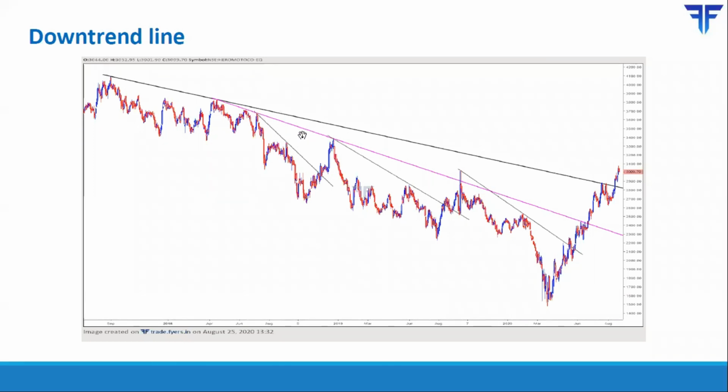The pink line is an intermediate trend line that is used to identify intermediate resistances. And the thin black ones are minor downtrend lines that are used to identify minor resistances. So depending on the trend line, you can also identify whether that trend line is a major, an intermediate, or a minor trend line.